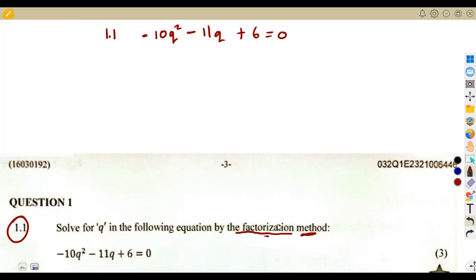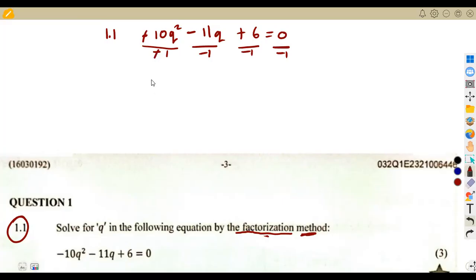All right. But before you use the factorization method, if you check here the coefficient of q squared, this negative 10, is having a negative, okay? We can even avoid that. Remember, I told you to avoid this, just divide by a negative 1 throughout, before you start your factorization, okay?